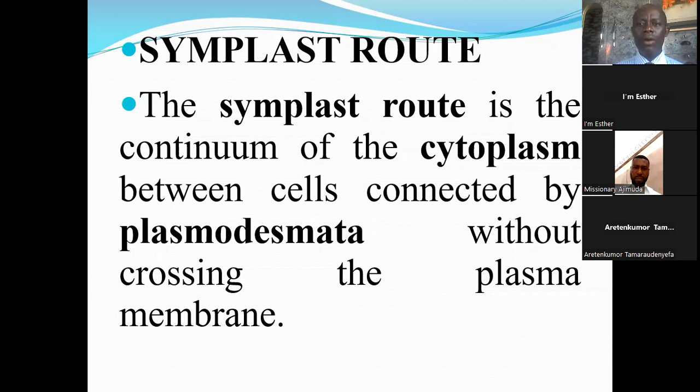The water passes through the cytoplasm between cells connected by the plasmodesmata. So the water passes through the plasmodesmata, the openings between plant cells. Between each plant cell that are connected together, there is an opening called the plasmodesmata.